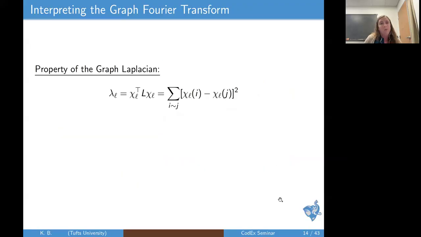One nice thing about the graph Laplacian that we use to define the graph Fourier transform is that it has this representation, for its eigenvalues lambda_l. We can write it as the sum over i adjacent to j of our eigenvector chi_l, the ith entry minus the jth entry, squared.